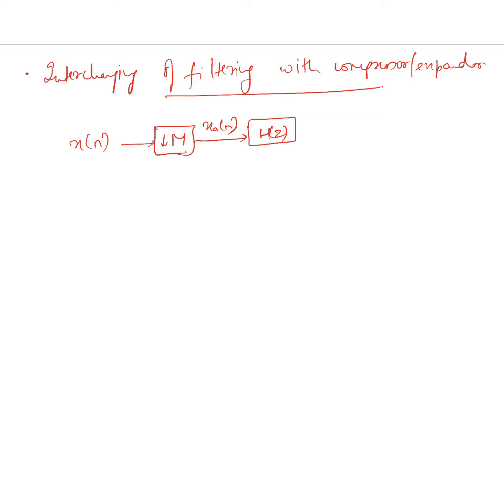But here for the moment we are discussing in a general way that given some filter, if this signal xa of n is processed through this generic filter, it would be a low pass filter as well. Then say for example we get the output y of n.